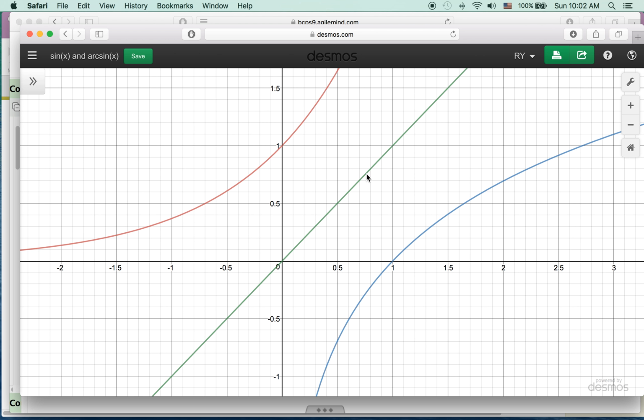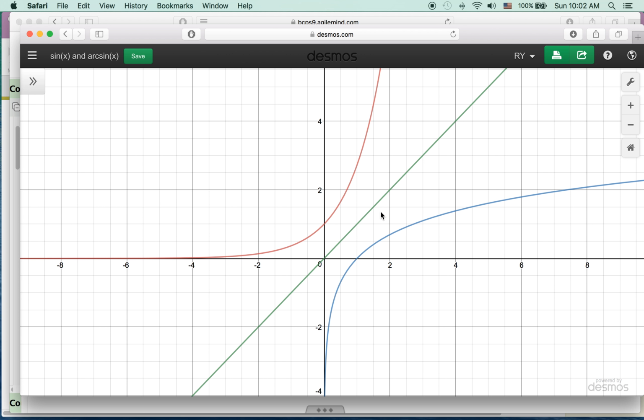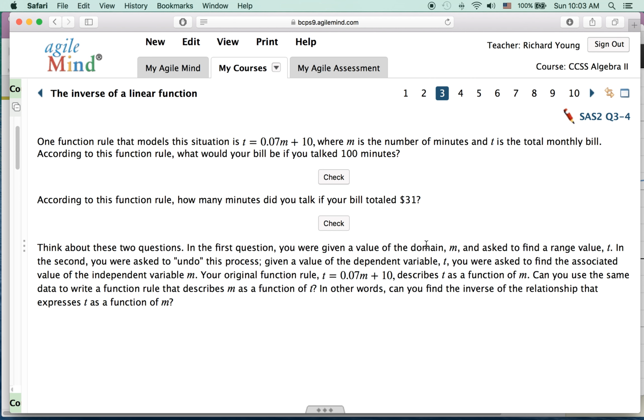Oh, what do you know? They're completely symmetric because they're defined as inverses over all the positive domain. If you could tilt this view, it would be easier to see, but the blue and red graphs are completely symmetric about this function. If you were to fold this whole coordinate plane along y equals x, these would line up. We're going to see that in a minute.